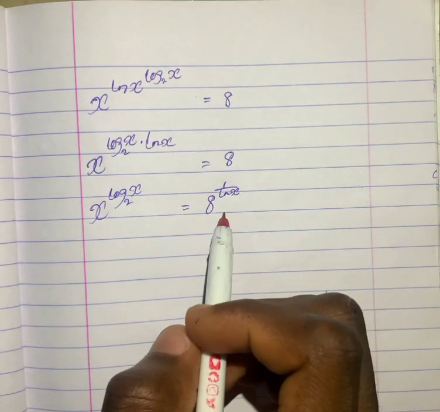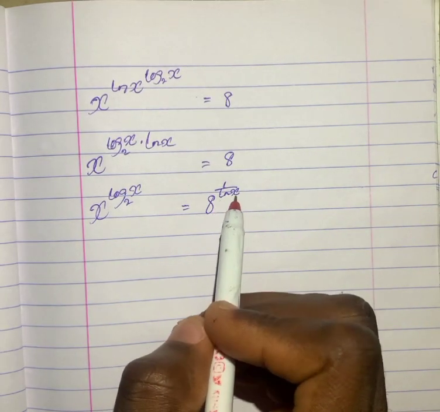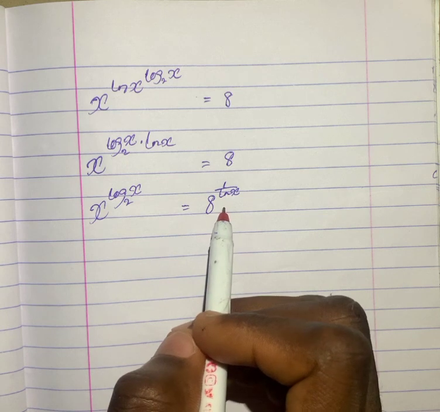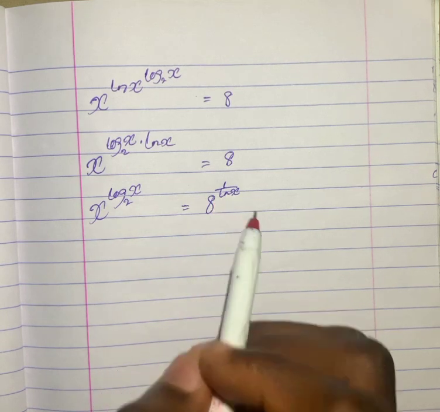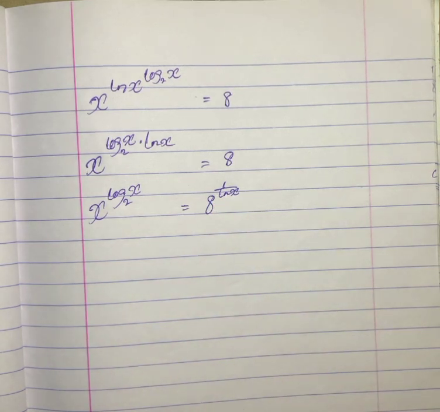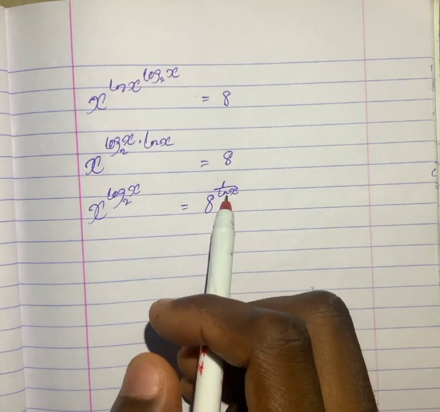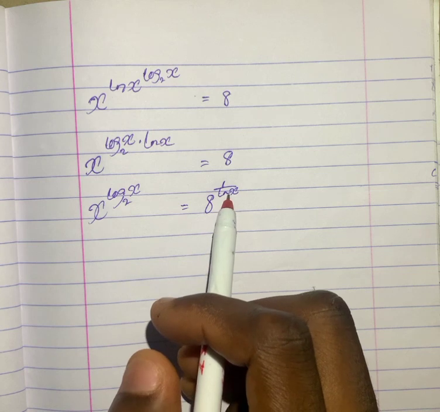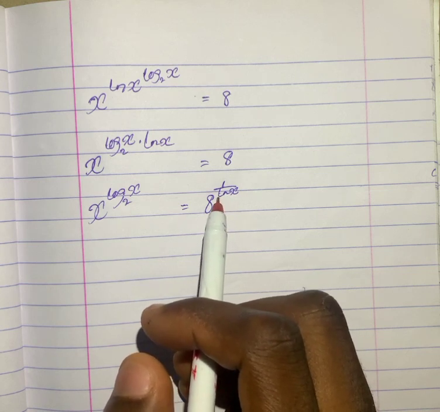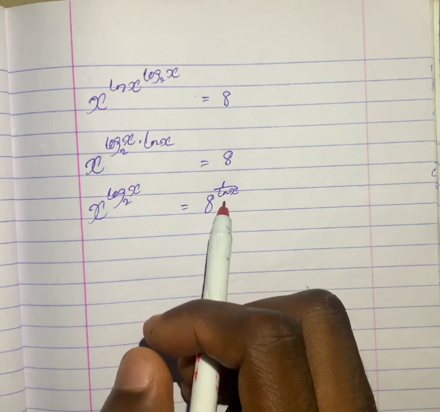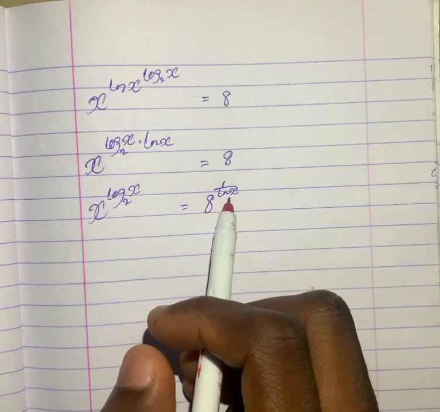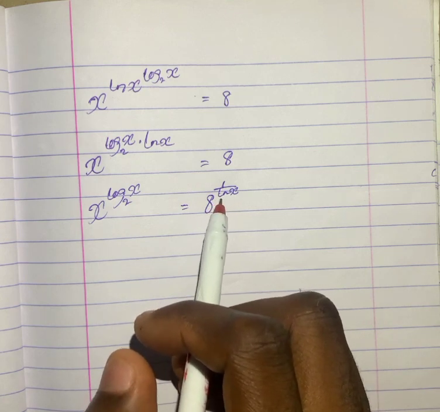You should know that ln x is the same thing as log x base e. So if 1 over ln x is here, you can actually write that as the reverse of it, which is log e base x.